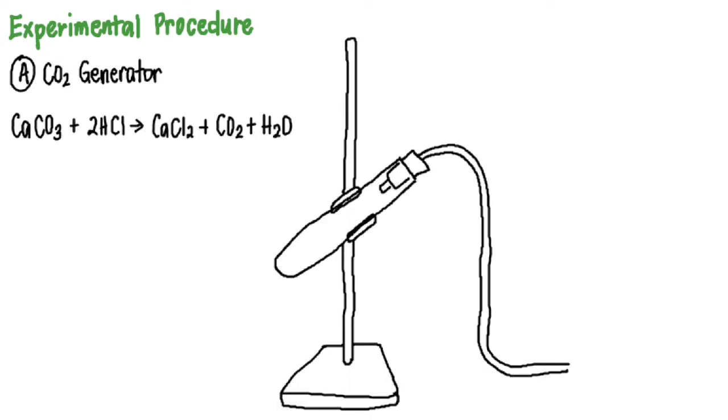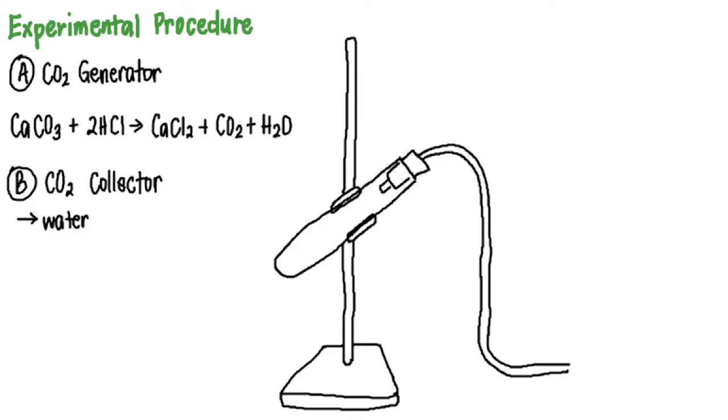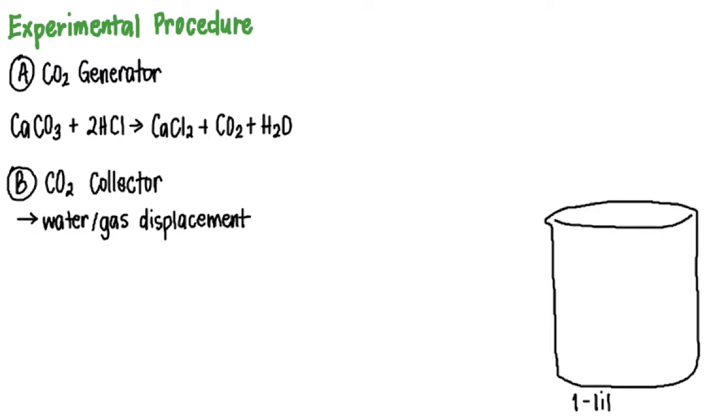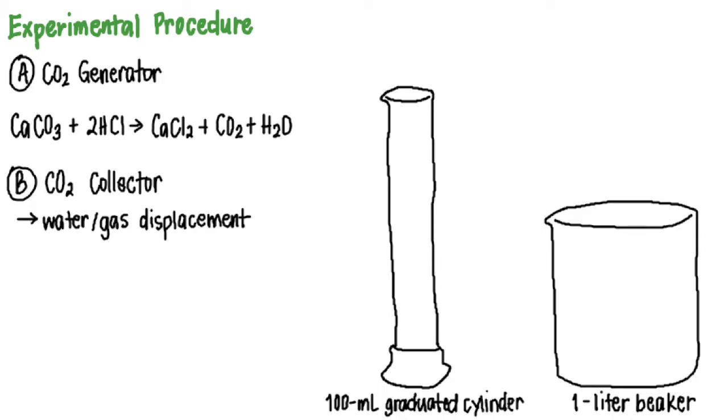Before we introduce the reagents into the carbon dioxide generator, let us set up the carbon dioxide collector. The carbon dioxide collector works on the basis of water displacement. A 1-liter beaker is advisable for this collector. Get a 100 ml graduated cylinder and fill it with water. It should be overflowing. Likewise, fill the beaker with water.